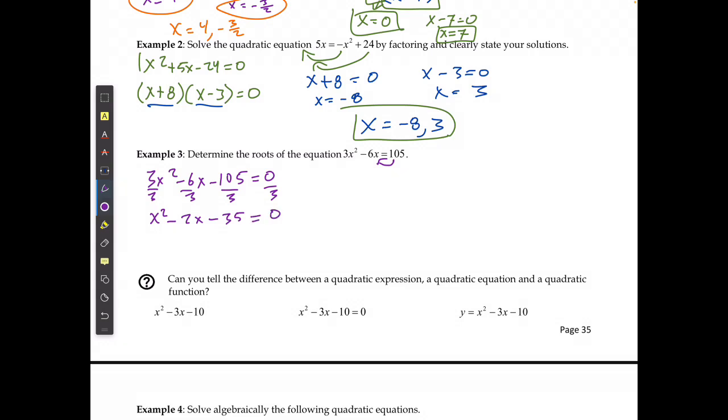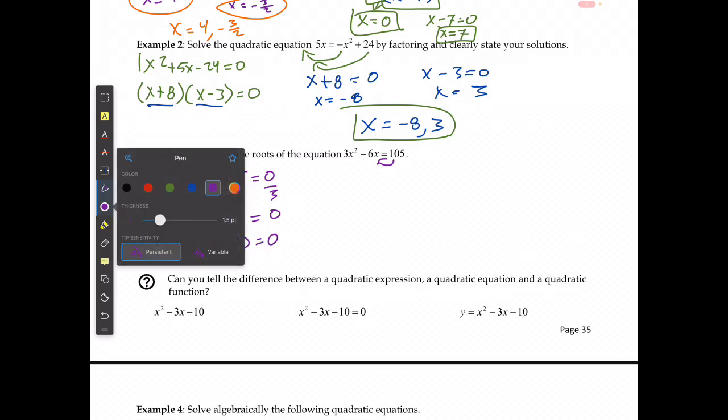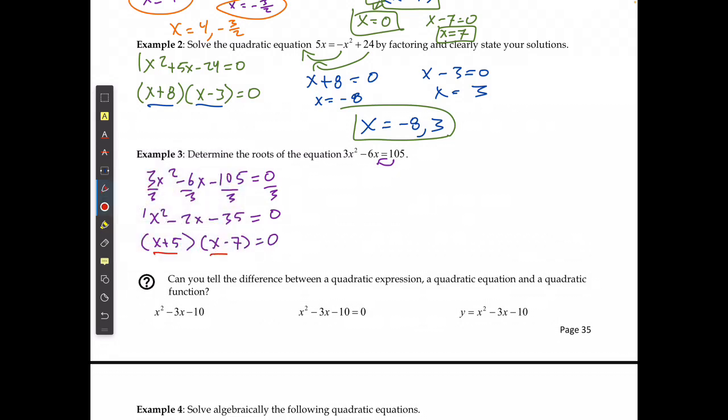I can do this by inspection again because I have that a value of 1. I need two numbers that multiply to negative 35 but add up to negative 2, and my numbers are going to be positive 5 or x plus 5 and negative 7 or x minus 7 is equal to 0. Here's my two factors.